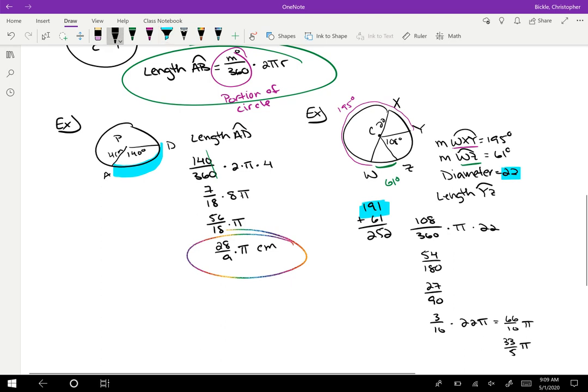So if I would have used 195 plus 61, that's 256, which gives me 104 there. So this should have been 104 over 360. That was 104 over 360, which makes that 52 over 180, which makes that 26 over 90.